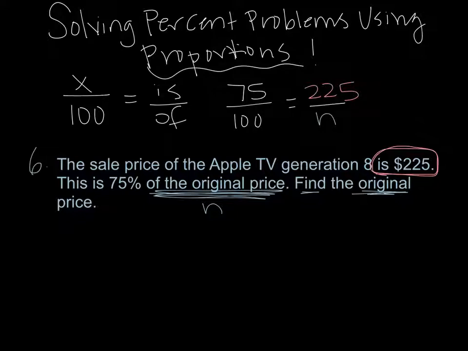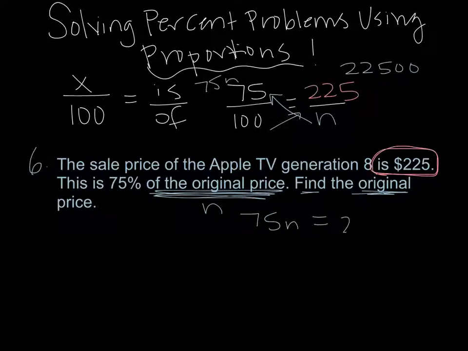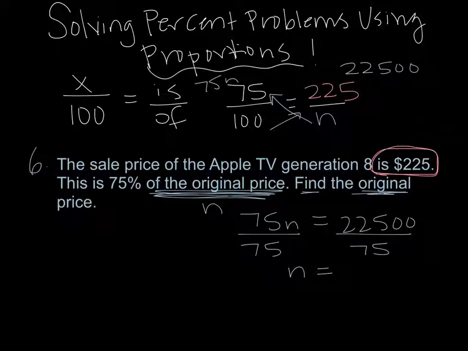And yes, you can still do your fancy cross multiplying. 100 times 225 is 225 with 2 zeros on the end. 22,500. And n times 75 is 75n. Let's make that into an equation. 75n equals 22,500. Divide both sides by 75 to get rid of that 75. Now I've shown all my beautiful work.